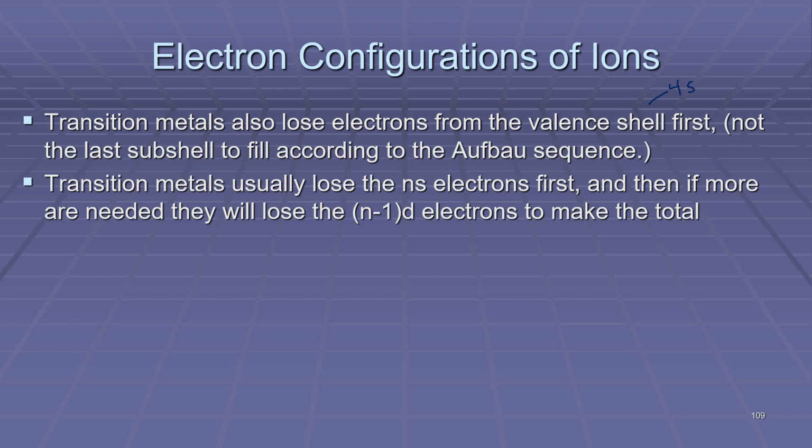With the main group elements, of course, the last ones in are the first ones out. But for the transition metals, it doesn't quite work that way. Actually the s electrons are lost first.